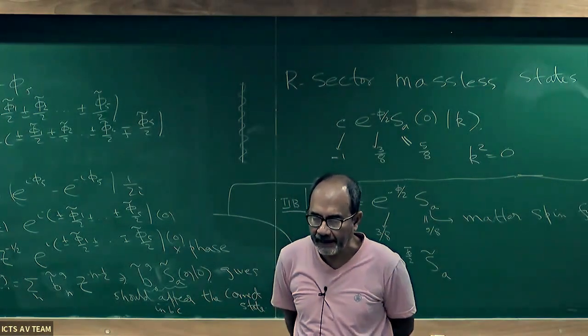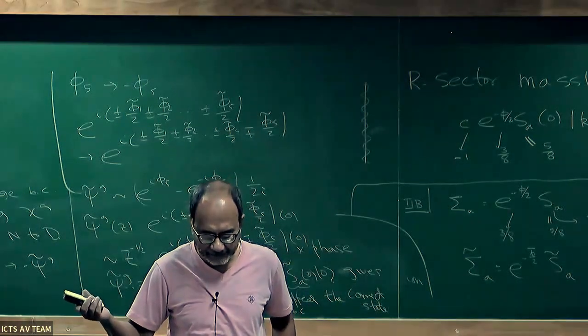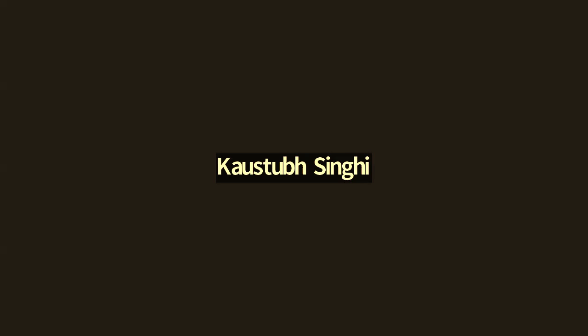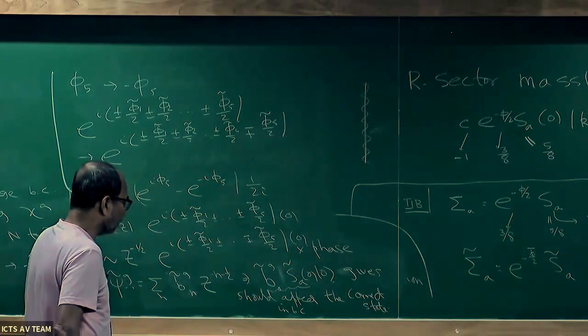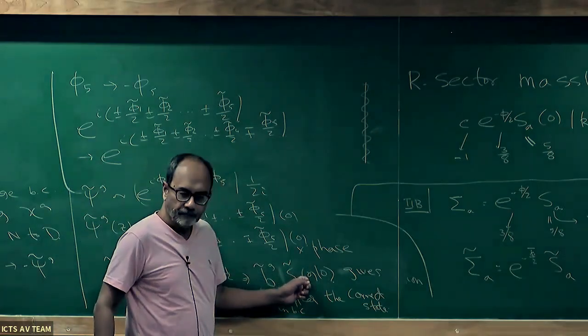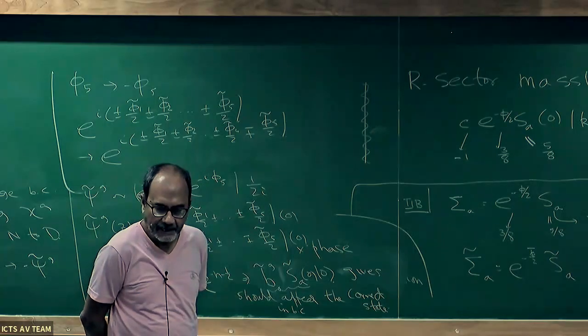That's consistent with the fact that this boundary condition exists only for type 2A. Ideally you should have started on this side as SA dot, and it will convert it to SA. It doesn't matter how you put it.